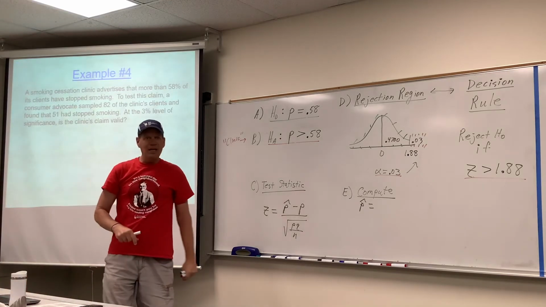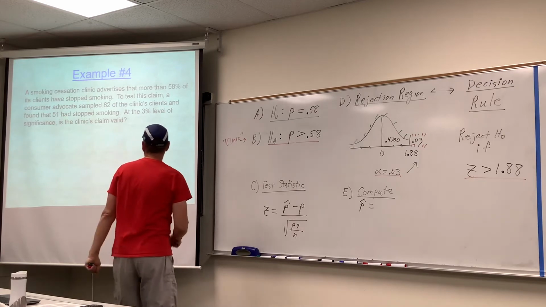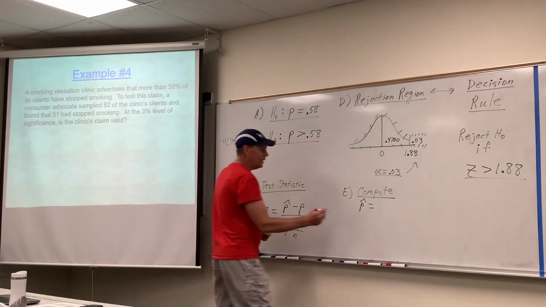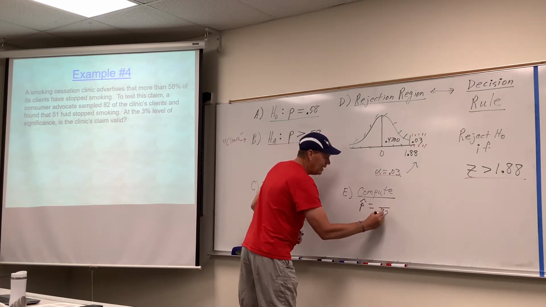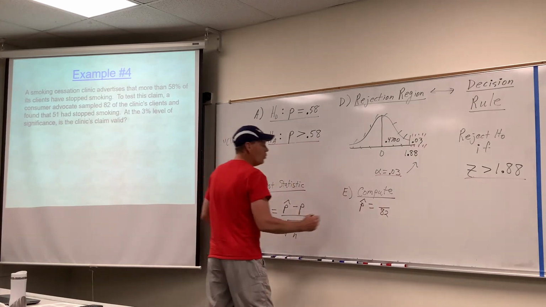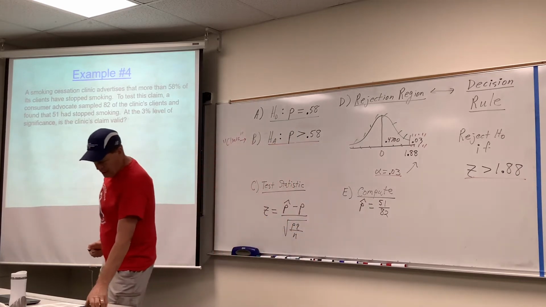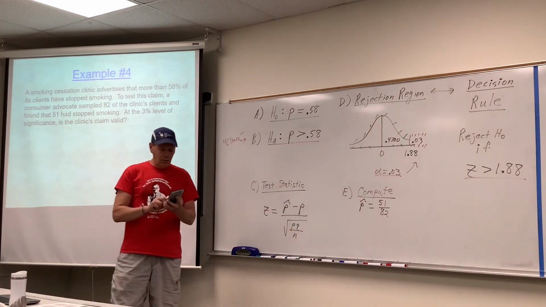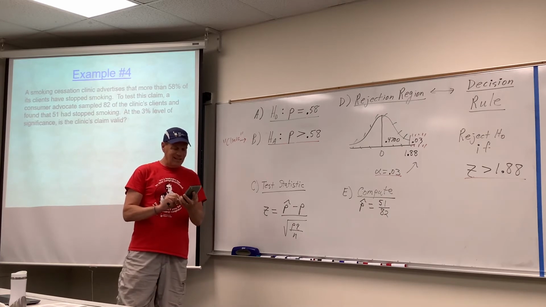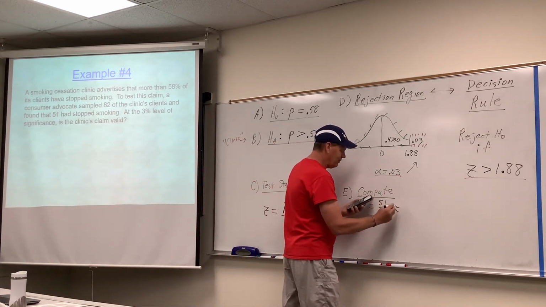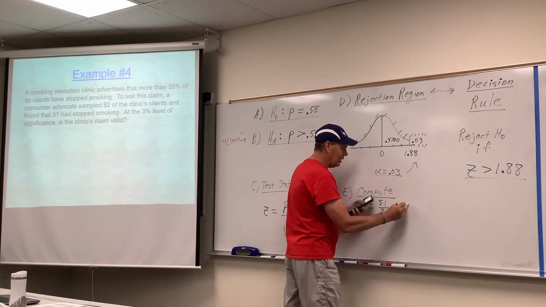Go collect some data. So, a consumer advocate sampled 82 of the clinic's clients, and of those 82, 51 had stopped smoking. 51 out of 82. Now I think 51 out of 82, if I'm not mistaken, is a nasty decimal. It is. So here's something we're going to have to talk about. I'm going to write down what that's approximately equal to.